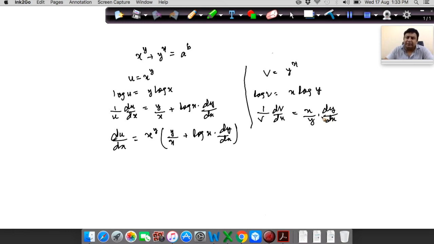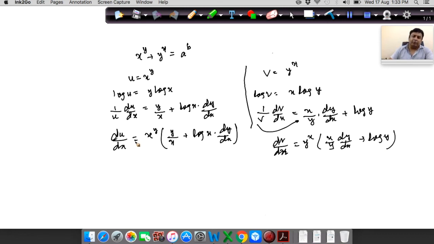Any implicit differentiation will be followed by dy by dx if the variable is not x, and something else, that d by dx of that thing will happen. Okay. Log y is 1 upon y. Then by chain rule, y with respect to x is dy by dx, plus log y as it is into 1. So we get dv by dx equals v. V goes up here. Getting me? Like this is cross multiplied, which is y to the power x, upon y dy by dx plus log y.